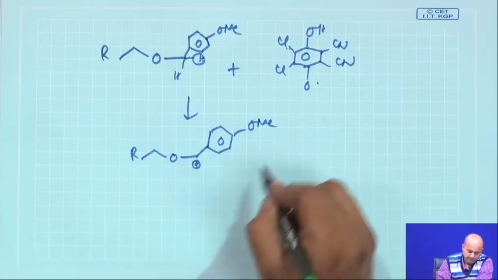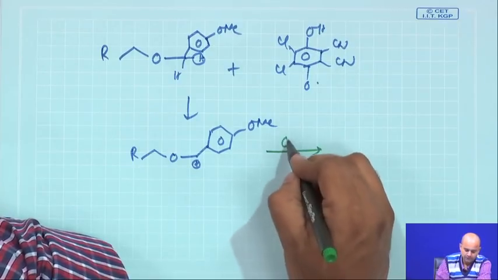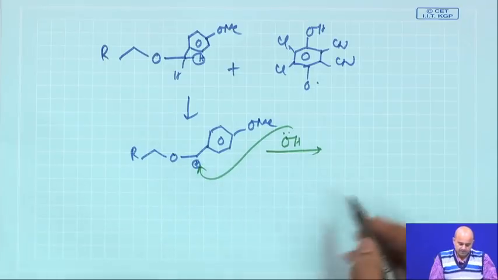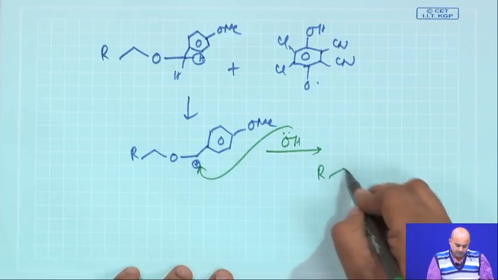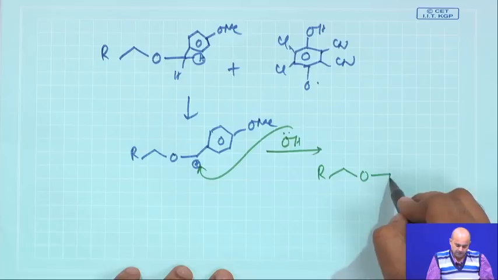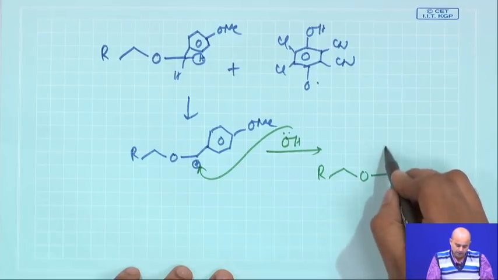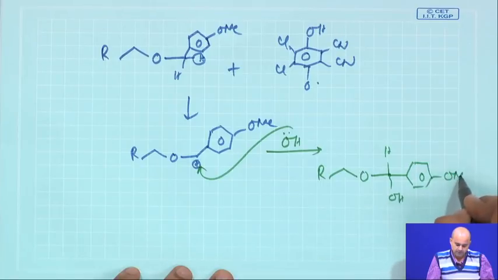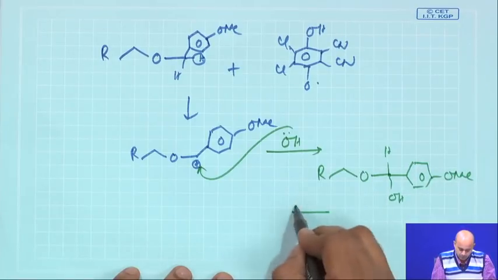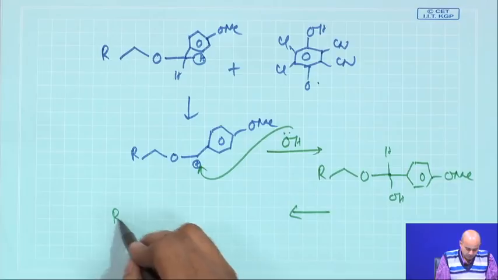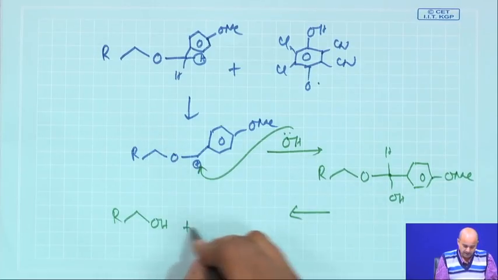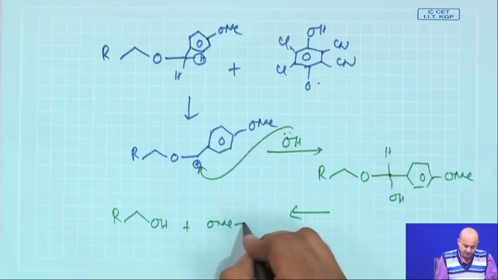Water now attacks here, and you get a hemiacetal, which simply collapses to give you RCH2OH and anisaldehyde, OMe-C6H4-CHO.